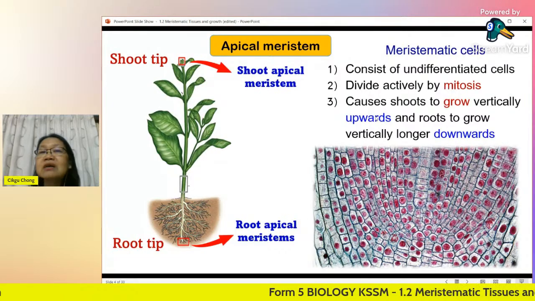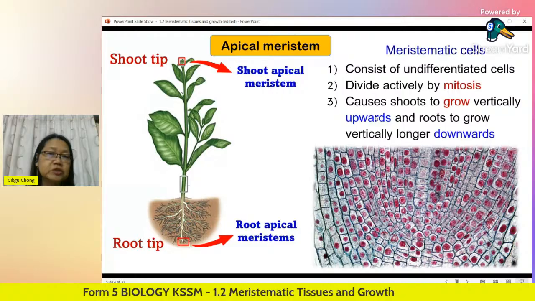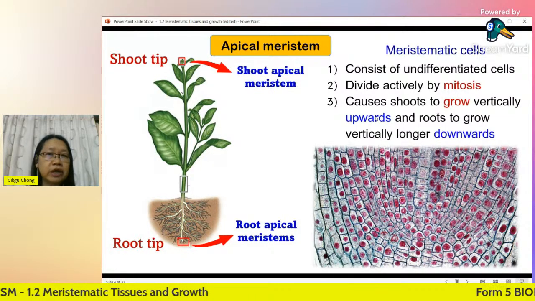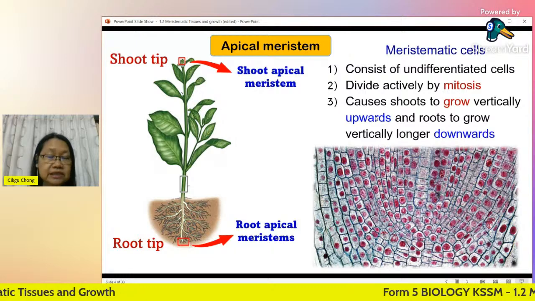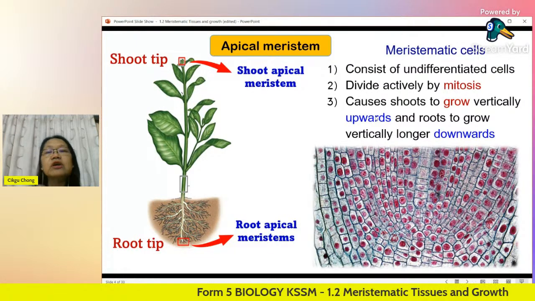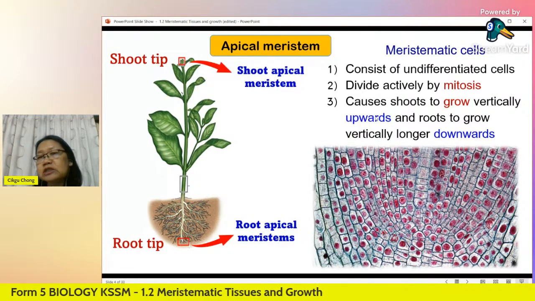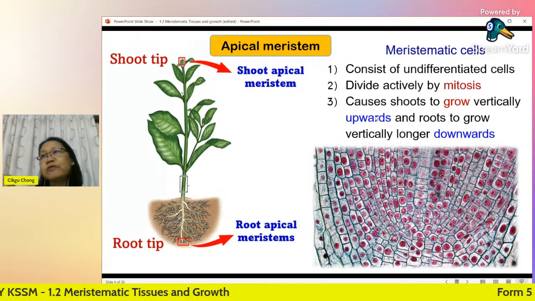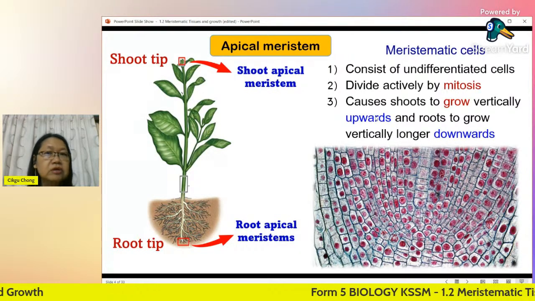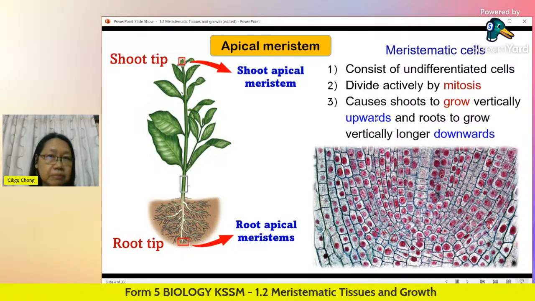So growing requires these meristematic tissues to do their job, which is to divide. At the same time, the root cells also carry out mitosis and grow vertically longer. That makes the root go downwards, so the roots can penetrate deeper into the soil to absorb more water, to support the plant.